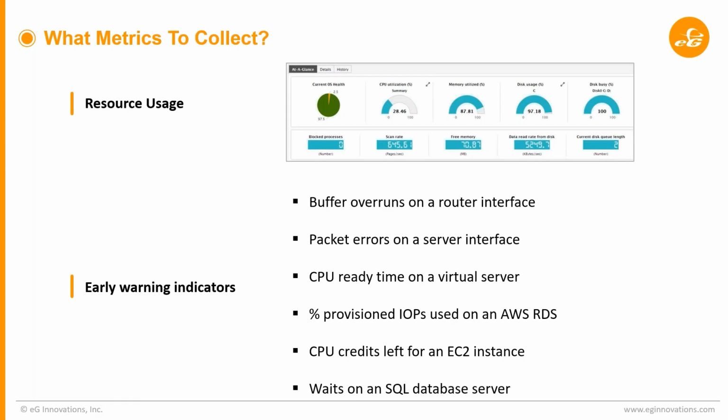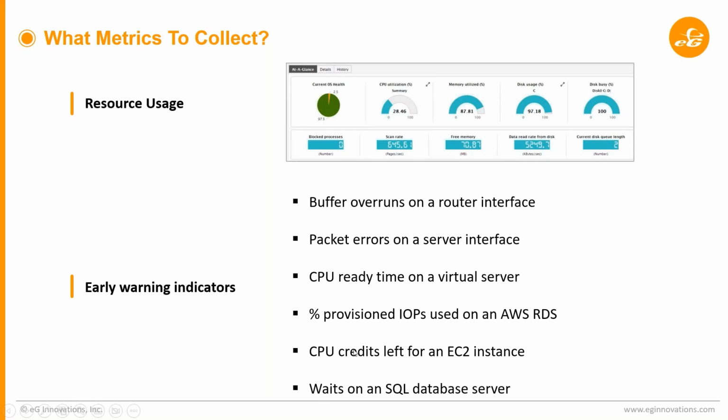So start taking action now. Same way, look for packet errors on a server's network interface. On a virtual machine, CPU ready time is an important factor. It tells you how much time this machine is ready to run, but not getting CPU. That probably means you have an overcommitted environment. You don't have enough hardware resources to support the virtual server workload that you have.